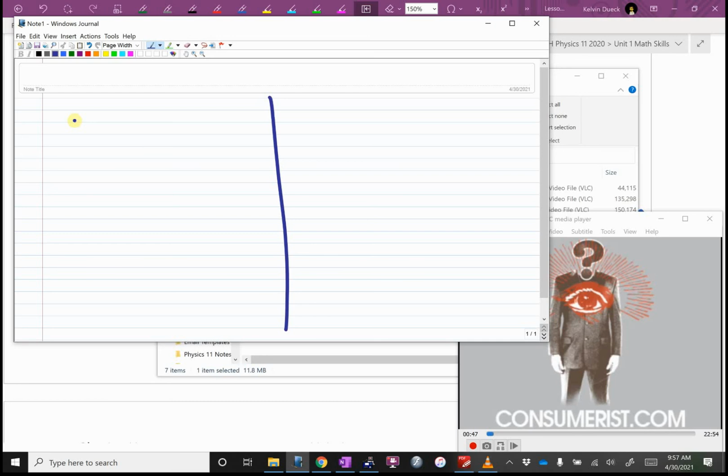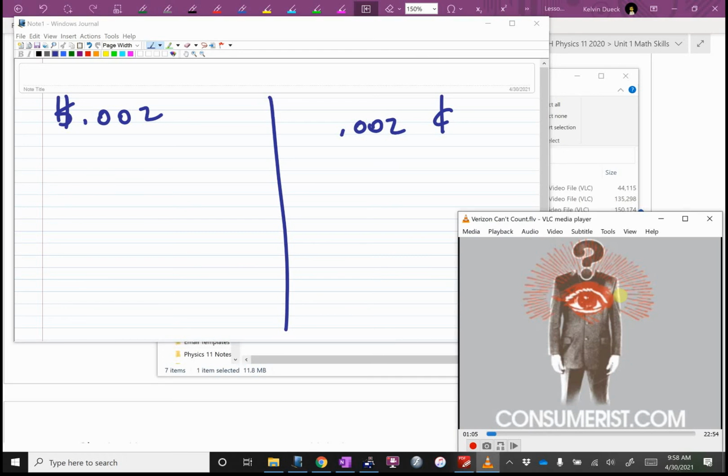Do you recognize that there's a difference between $0.002 and $0.002? Do you recognize there's actually a difference between those two numbers? No. Okay, is there a difference? No? No?